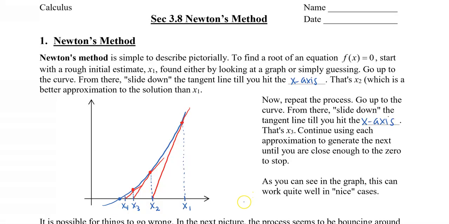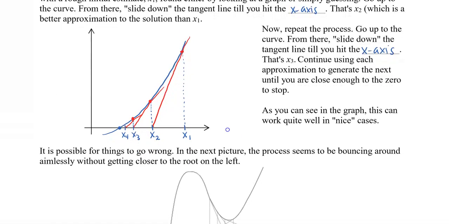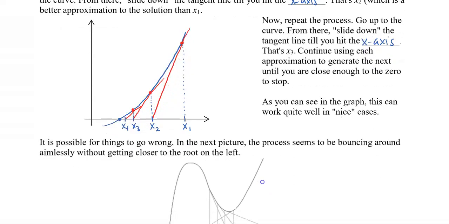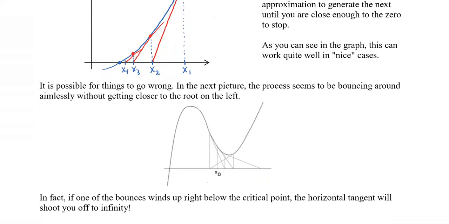Now, this works well in nice cases. Now, it is possible sometimes for things to go wrong. So in this next picture, I'll show you how this could happen. So let's say that we start here at x1. And I slide up the curve. And then from here, I'm going to slide down my tangent.